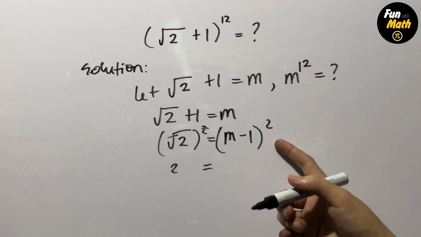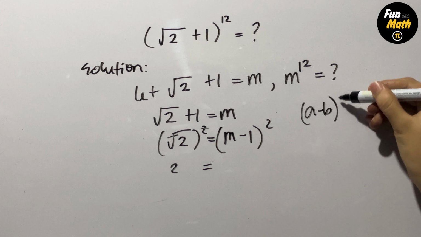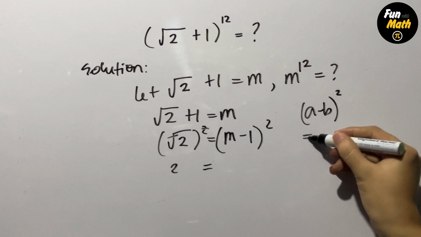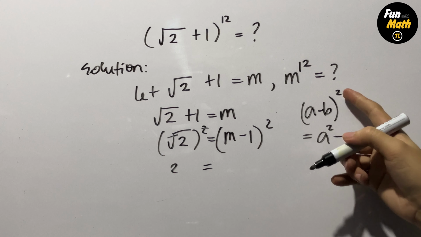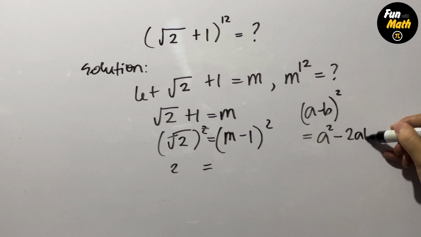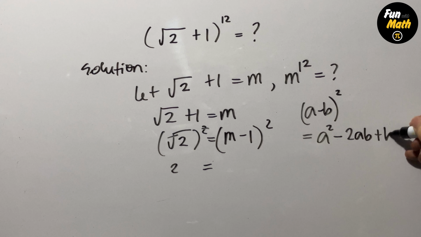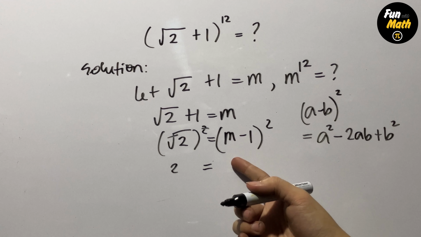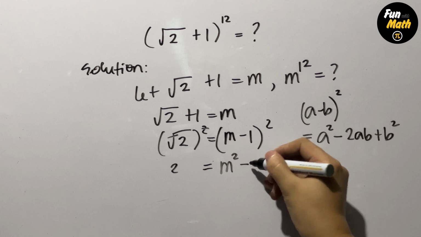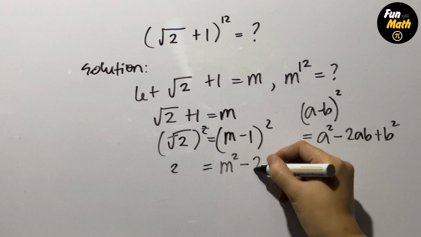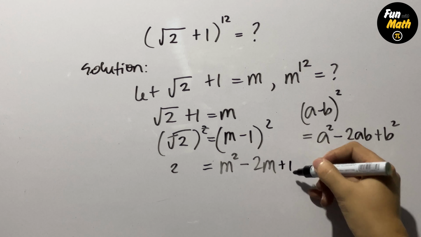To expand this, let's follow the identity: a minus b whole to the power of 2 is also equal to a squared minus 2 times a times b, that is 2ab, and then negative b squared, that is plus b squared. So for this to expand, this is now m squared minus 2 times m times 1, that is 2m, and then negative 1 squared, that is plus 1.